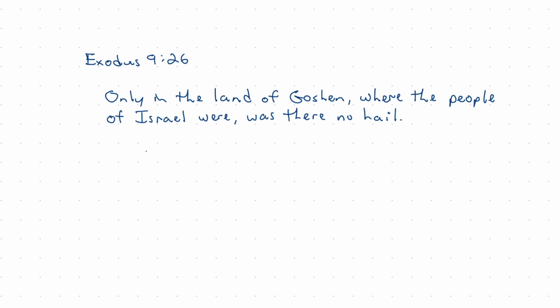My first one would be only in the land of Goshen. And then you can put an ellipsis if you want to remember that this is a split proposition. Was there no hail?